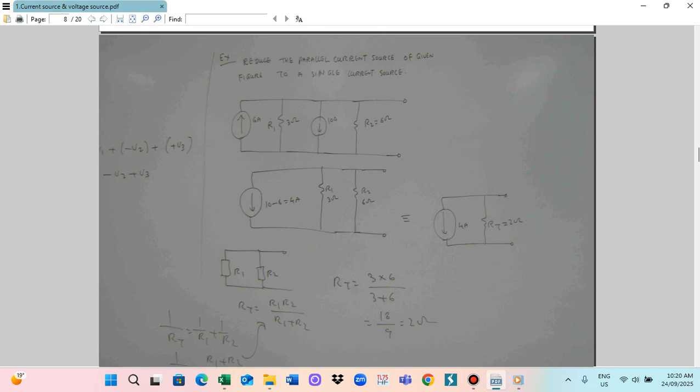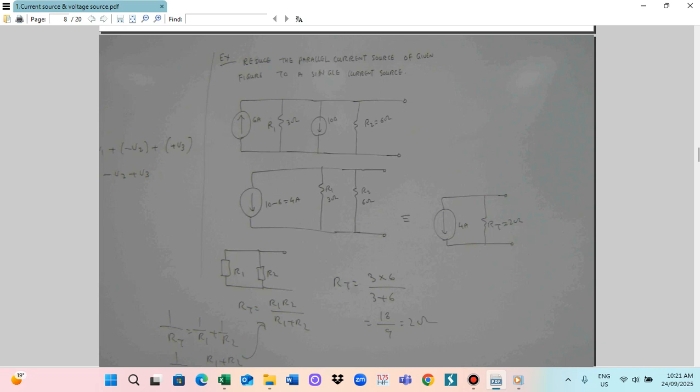For the combination, we can use the formula: R1 R2 divided by R1 plus R2. The formula you can write is 1 by RT equals 1 by R1 plus 1 by R2, which is R1 plus R2 over R1 R2.